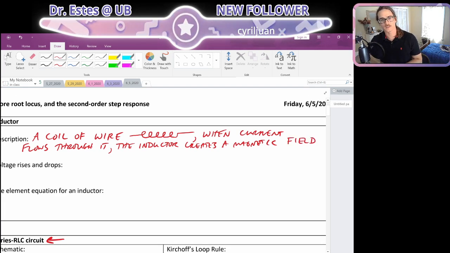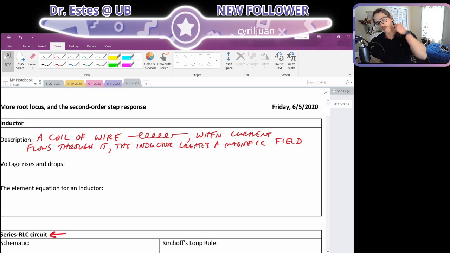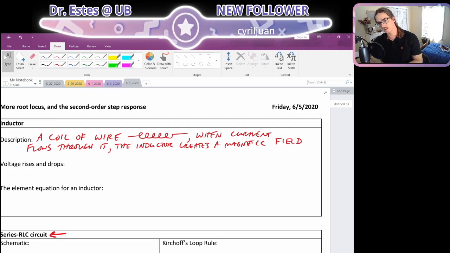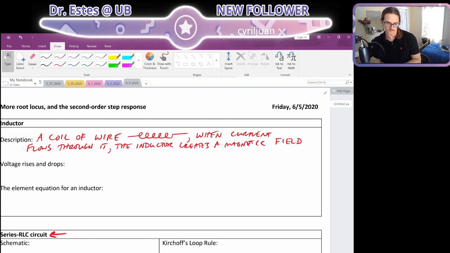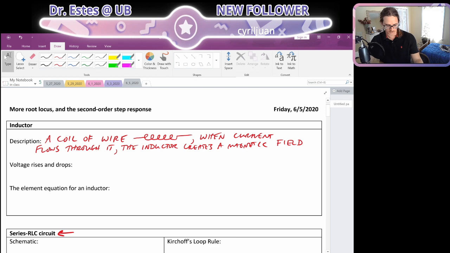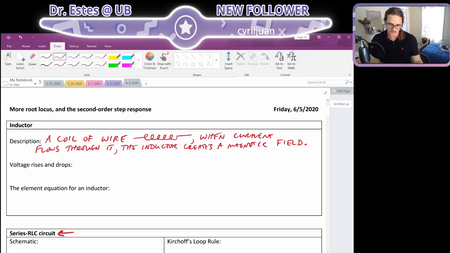If you've ever heard of an electromagnet, a magnet that you turn on by activating it with power, there's likely some inductor involved. So pretty cool. Just running current through a coiled wire like this creates a magnet. You could probably try this on your own. Don't shock yourself though. It creates a magnetic field.